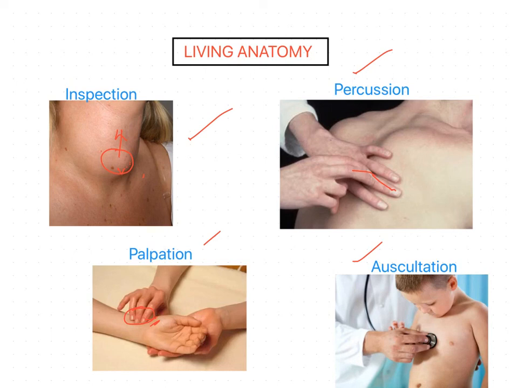For percussion we have to use only the middle fingers of both hands. One of the middle fingers is kept in contact with the body surface. With the other middle finger you have to tap on the middle finger which is in contact with the surface.